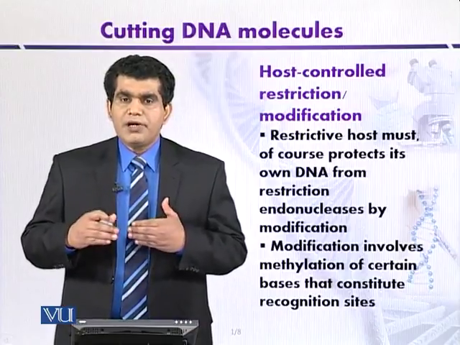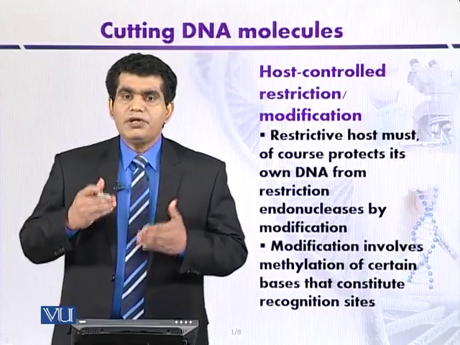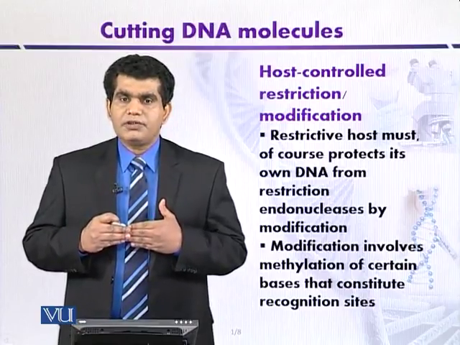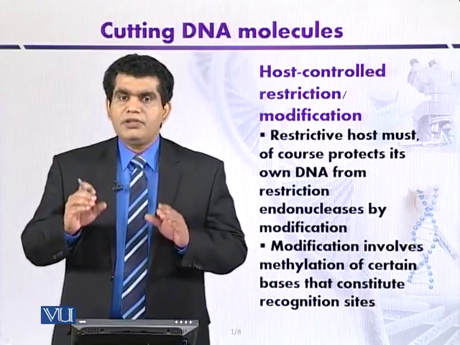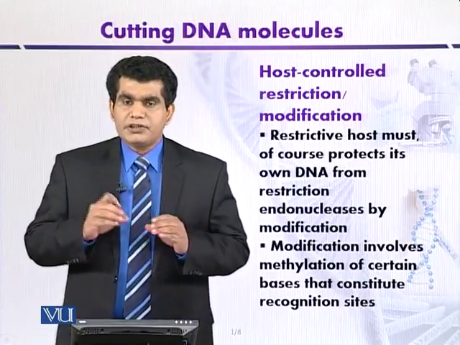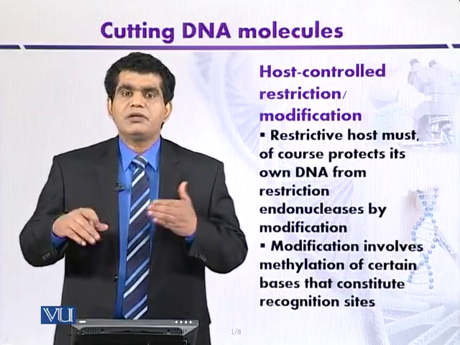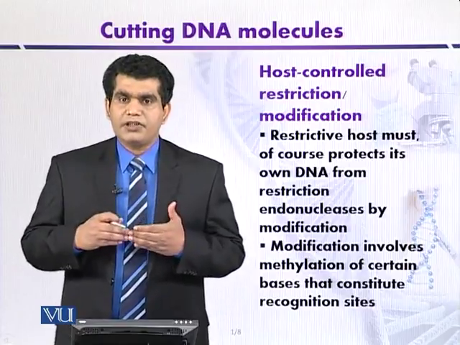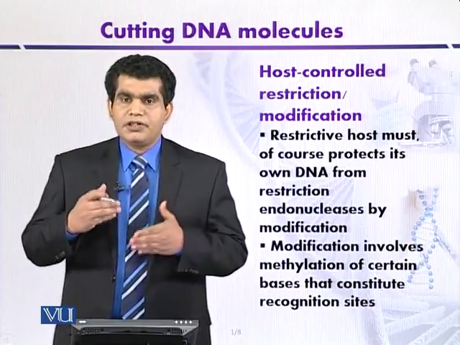So the main mechanism is that the host organism can protect its own DNA from the target of restriction enzymes by the process of methylation: within certain recognition sites where restriction enzymes can attack, they are methylated, they are modified. So that's why it is protected from the restriction enzymes.